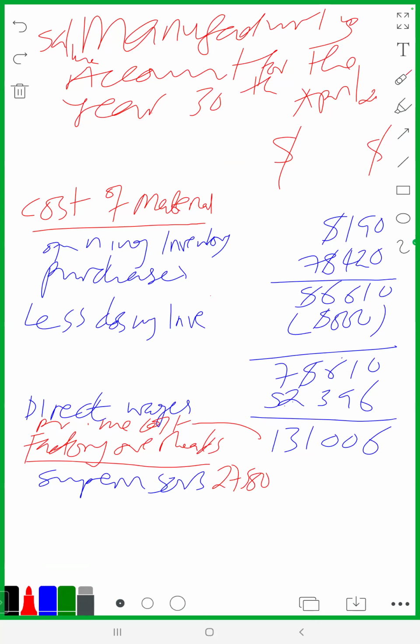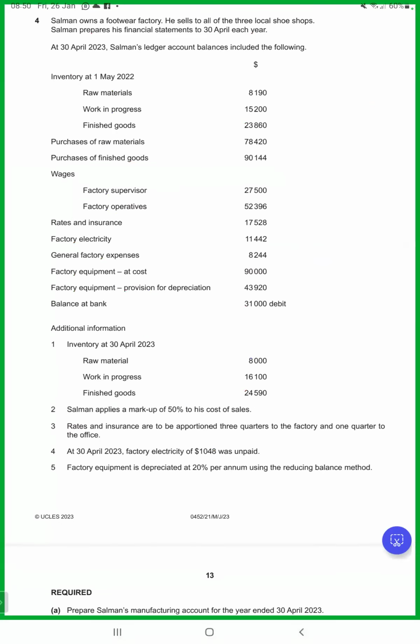Then the rates and the rents. These are indirect costs. What are you being told about the rents and rates? Let's go to the additional information, which is very important.